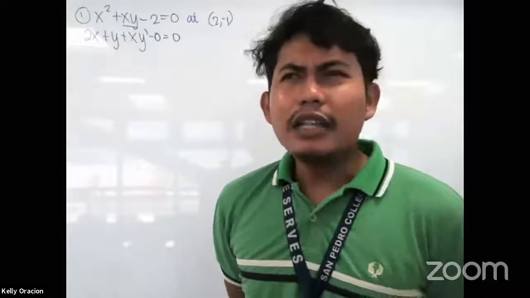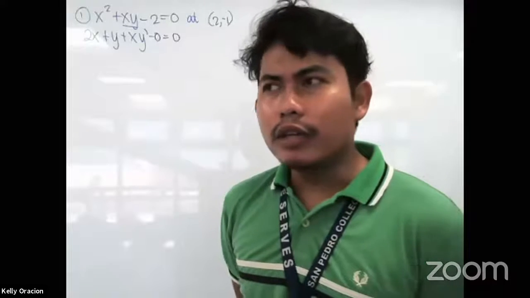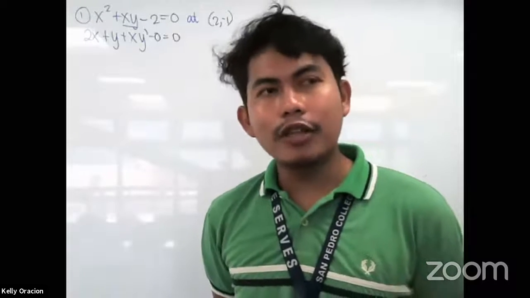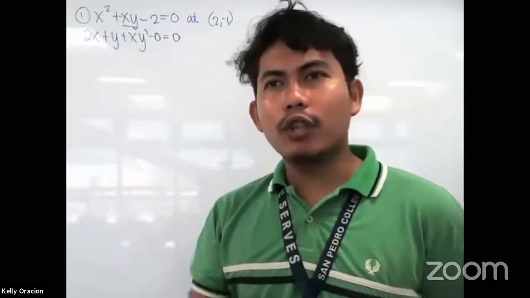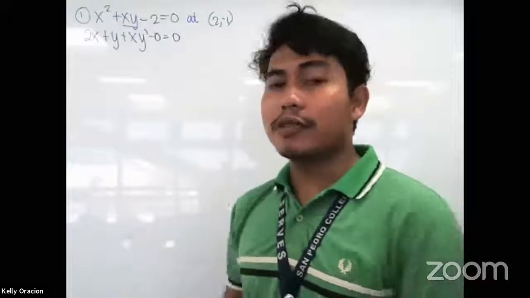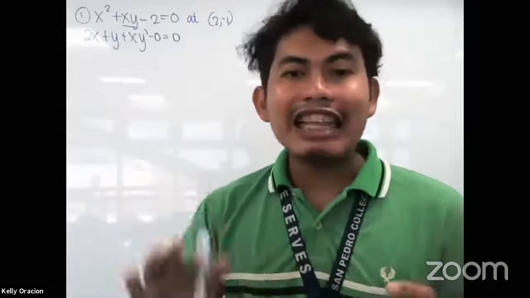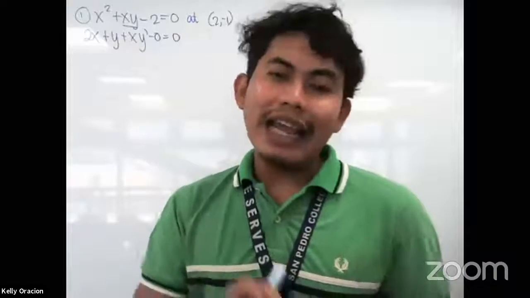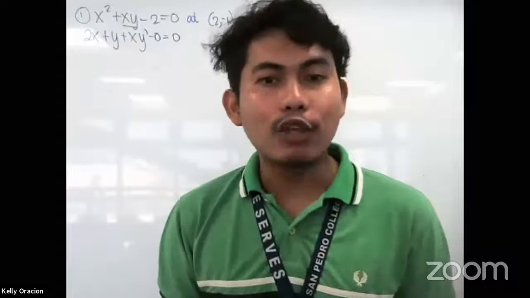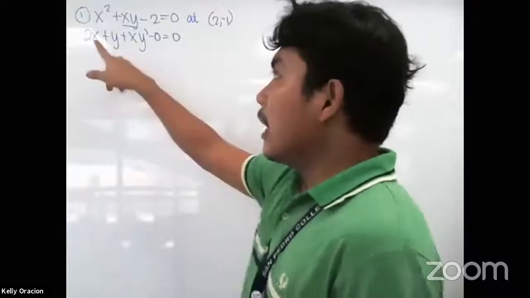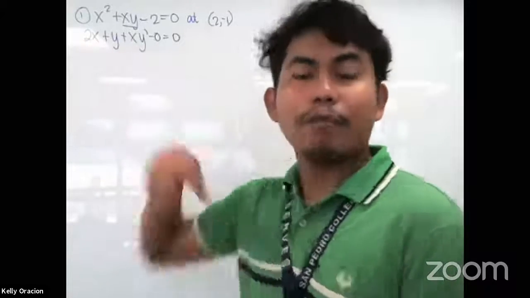Now, nabanggit ko na sa video, you are going to arrange the terms, yung y prime na sa right side. Lahat ng terms na merong y prime, ilagay mo siya sa right side. Itong 2x at saka itong y, wala siyang y prime, so you need to transpose them.